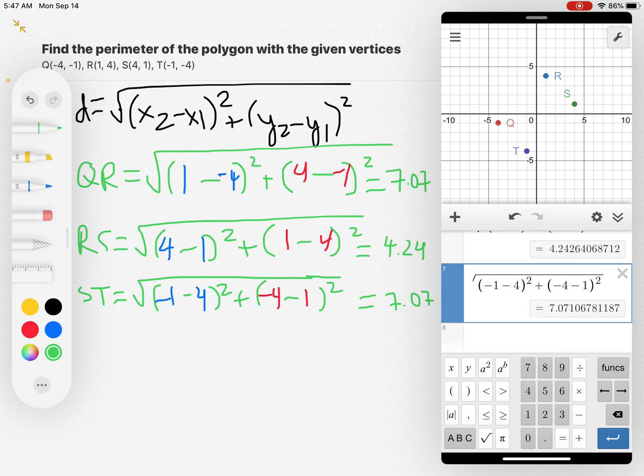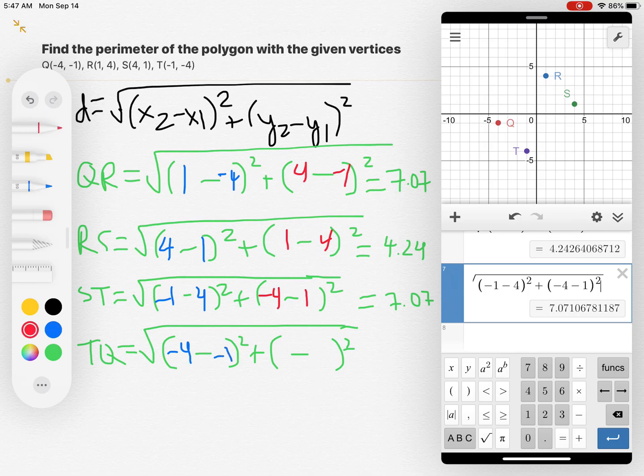All right, and then last but not least, we need to do T to Q, or Q to T, however you want to think of it. I'm going to write it as TQ, because that means we've continued to kind of rotate our way around. Okay, so Q's x coordinate is negative 4. T's x coordinate is negative 1.